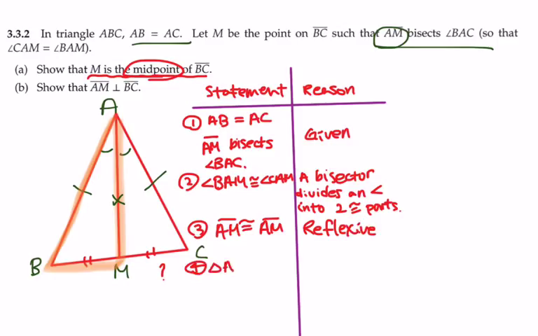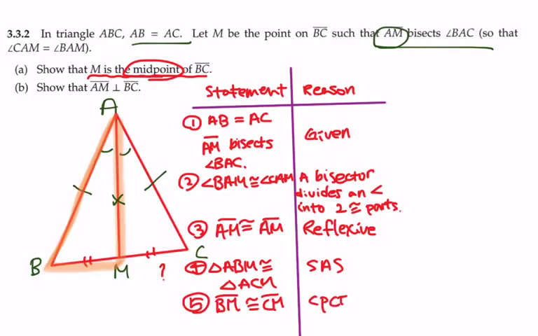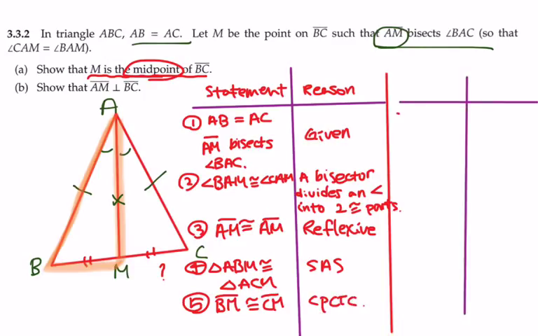Now, we can say those two triangles are congruent. Triangle ABM is congruent to triangle ACM by angle, side, angle, side. Now, once we have done that, we can say BM is congruent to CM. That's what we needed to show that M is the midpoint. So by CPCTC, they're congruent to each other.